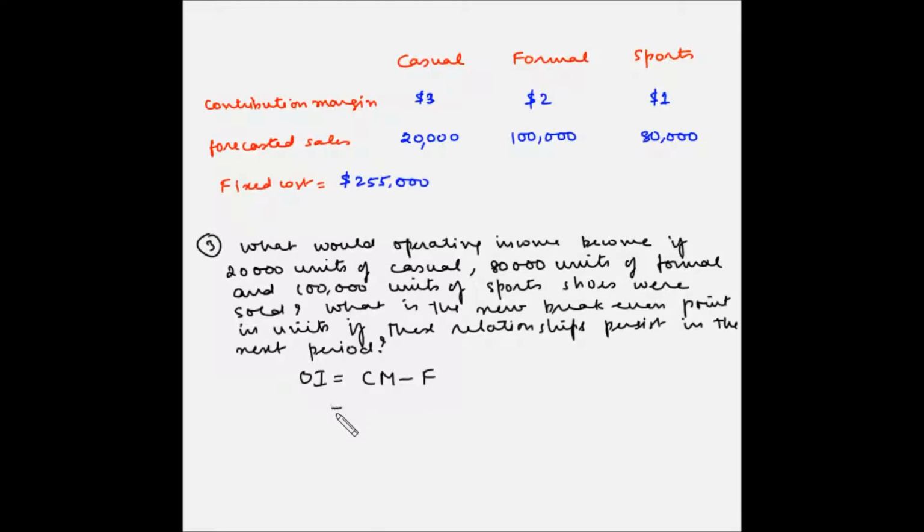So this is equal to 20,000 multiplied by 3 plus 80,000 multiplied by 2 plus 100,000 multiplied by 1 minus 255,000.